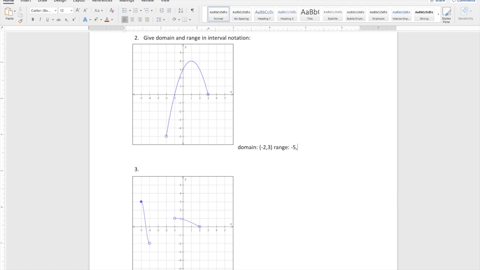So now let's find the highest point of the graph. Well, the highest point of the graph is this point right here. What is the y value of this point? The y value of this point is 4.